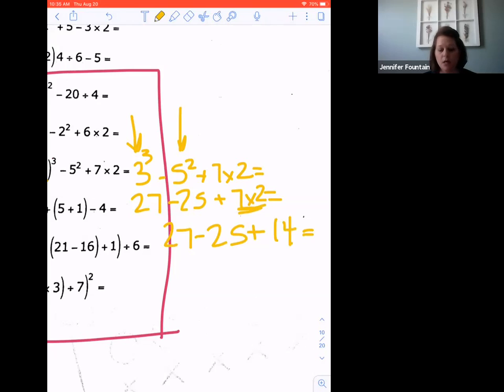Now I have subtraction and addition. My rule is when I have both in the same problem, I go from left to right. So I start with 27 minus 25 is 2, and 2 plus 14 equals 16. Any questions on that one or any others?